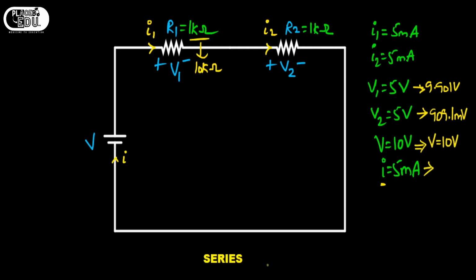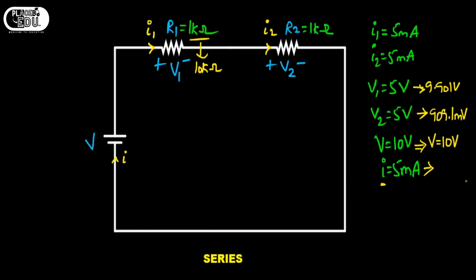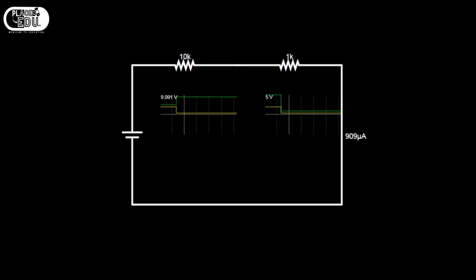And the current, if you observe it carefully, is changed to 909 microamperes. Understood? So now I am writing the current is changed to 909 microamperes. What will be I1? What will be I2? Let us see. See here, if we come down, we can get I1.